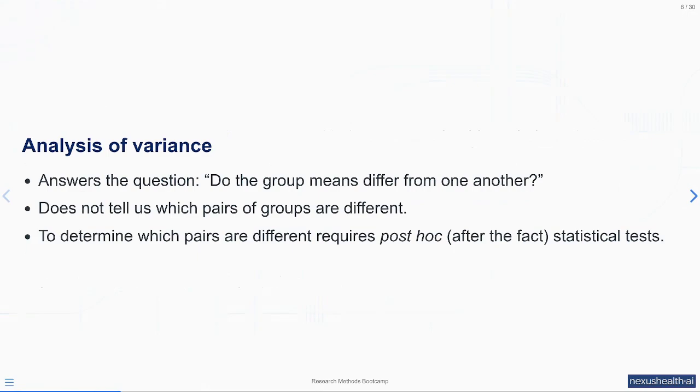So therefore, the workflow for comparing multiple groups that are greater than 2 requires us to first do an analysis of variance to ask the question whether the group means differ from one another. And only if the answer to that is yes, do we then go on to do the post-hoc test.